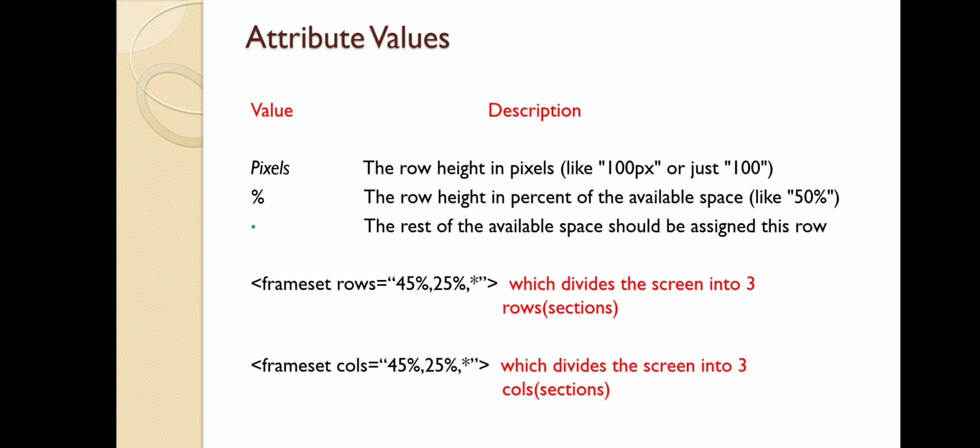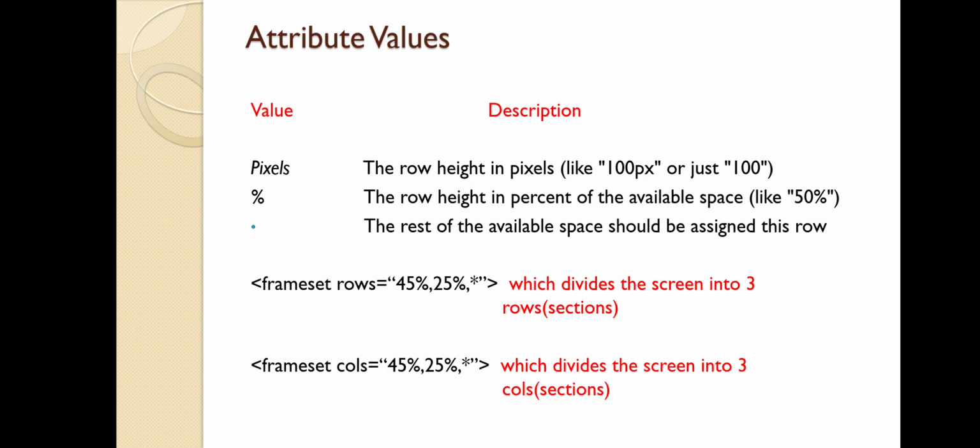The attributes rows and columns have one of the following values: pixels, percentage, or asterisk symbol. If the screen is divided into three rows, each row contains a specific space. That space is denoted by pixels, percentage, or asterisk. Asterisk denotes the remaining space of the web page.